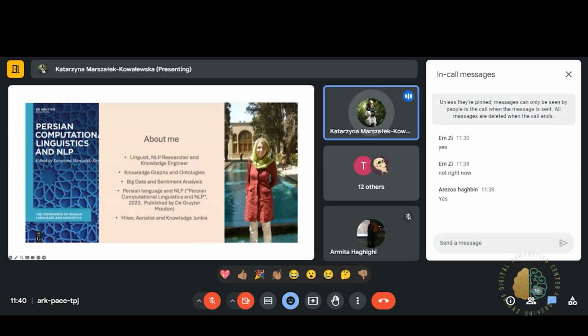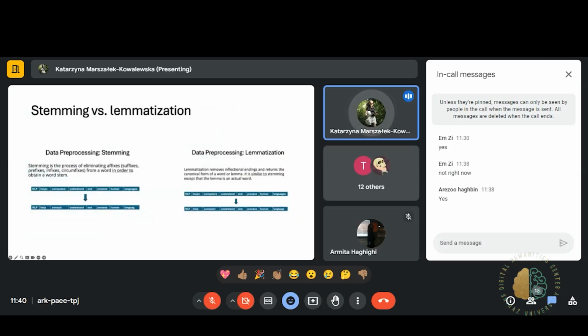But before we start with the topic, during our last lecture, I'm not sure if Amin from the last lecture is present in the call today, but some of you may remember there was a little bit of a heated discussion about stemming versus lemmatization.